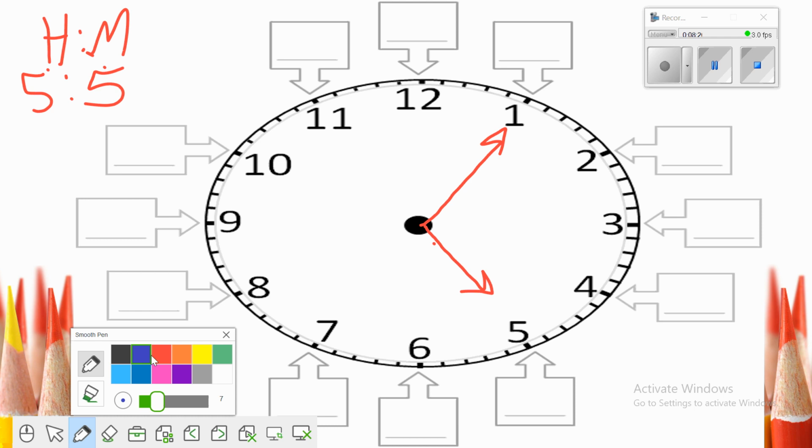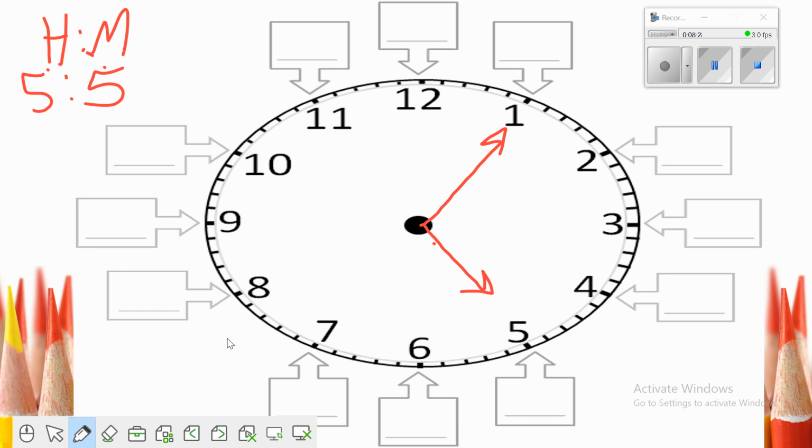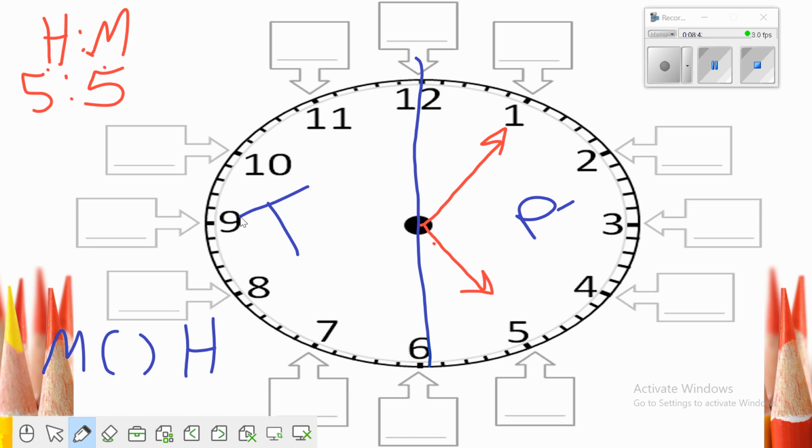I'll make it in the blue. It's not HM, it's M space H. Minutes first. So I have to use a word which is past or to. So minutes. How many minutes for number 1? Perfect.